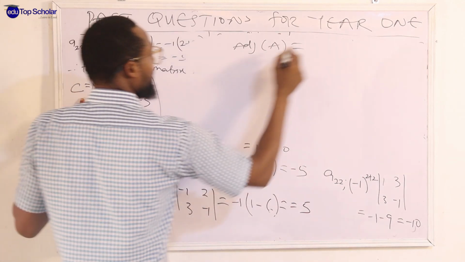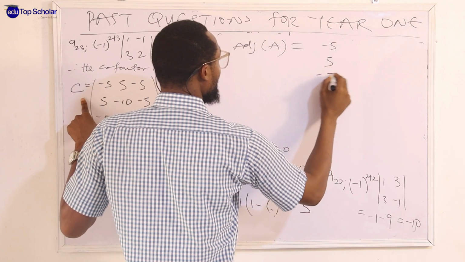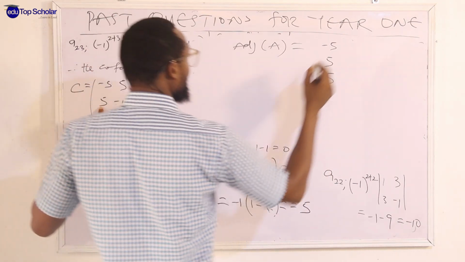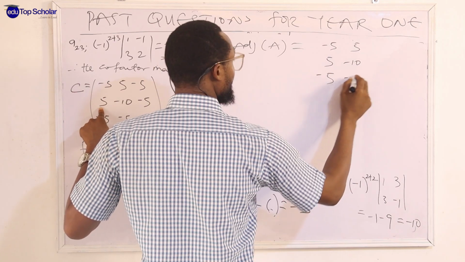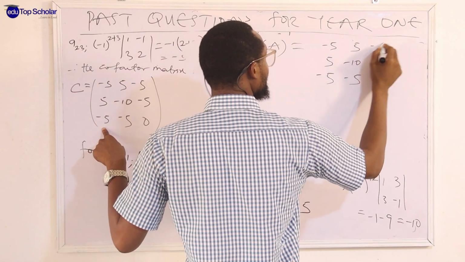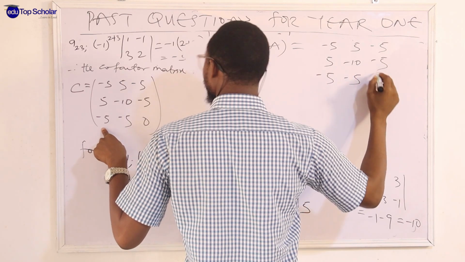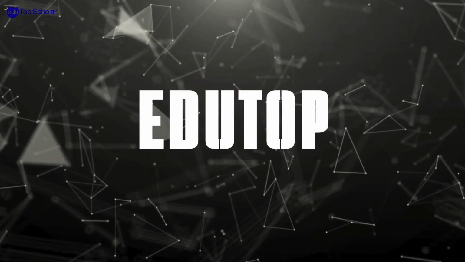That is, we change the row for the column. The second row now will be our second column, and the last row will be our minus 5, minus 5, 0.